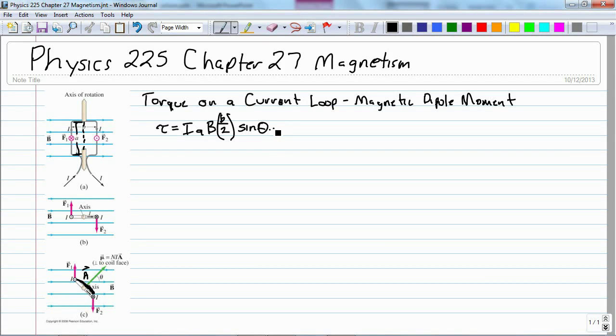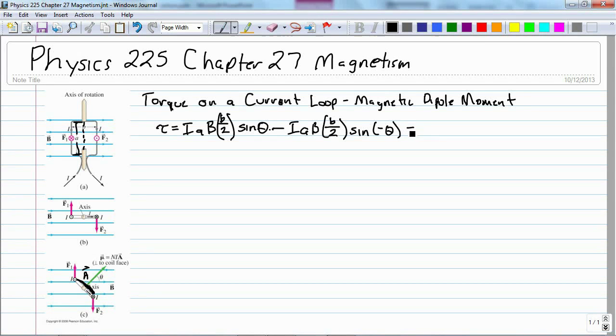And for the other side of the coil, we're going to subtract I, a, capital B for the magnetic field. Again, our lever arm is going to be b over 2. And this time we're going to have the sine of negative theta, because we're looking at the contribution from this side, which is going to have a negative angle.